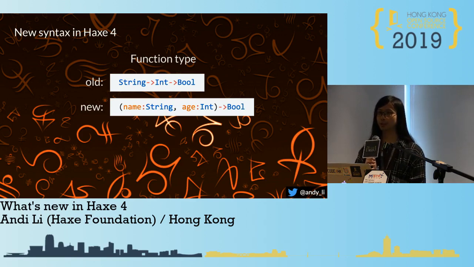So there is a currying thing, but this is actually not the case for Haxe. So we introduced a new syntax for Haxe function types that is similar to Java and TypeScript. We also have the ability to state the function parameter names within the function type, which is useful for development. It's a kind of self-documenting function type.